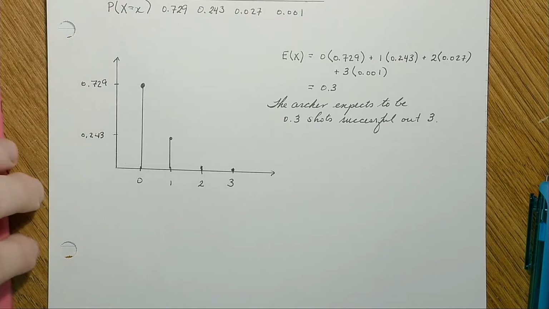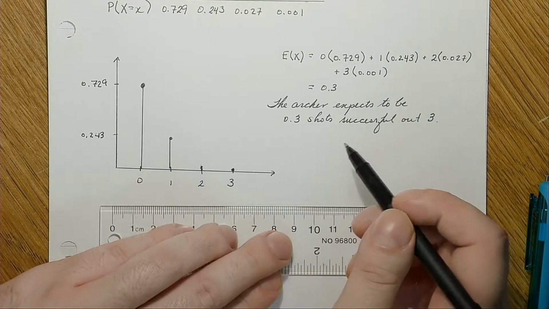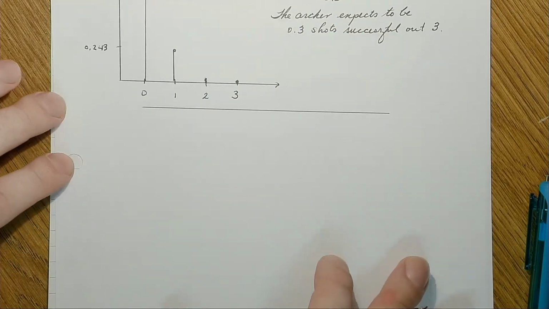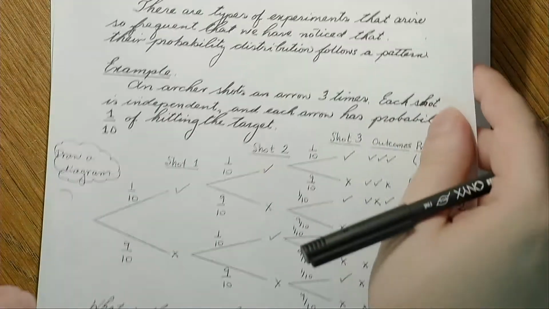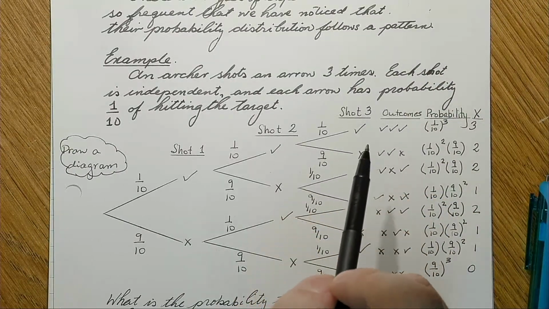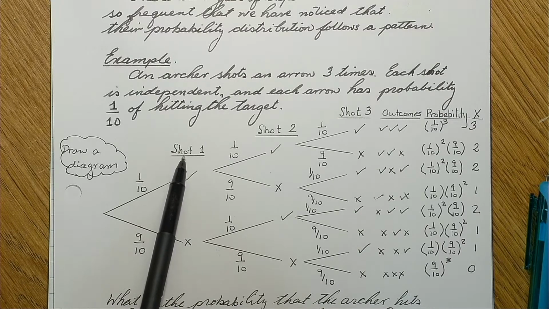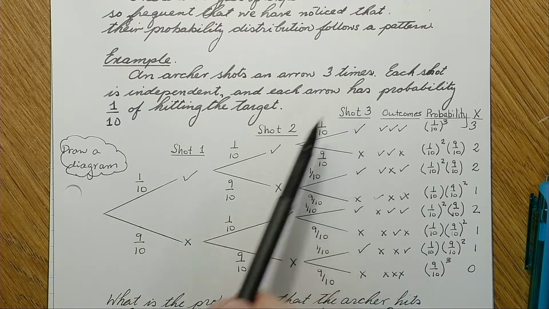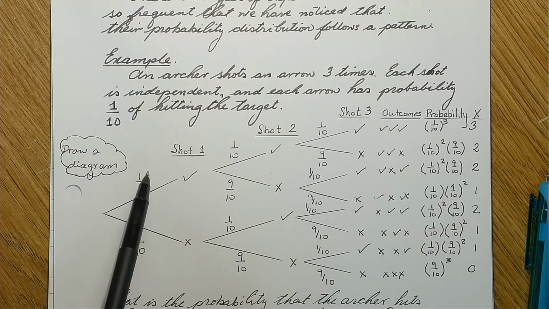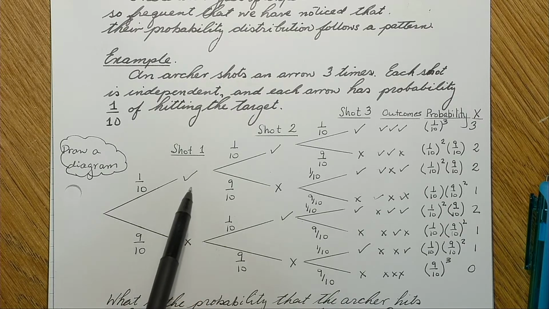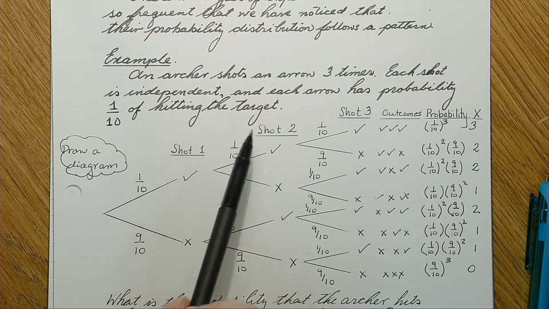Okay, so what's unique about this is that there were 3 conditions. Going back to this, we saw that the shots were independent. There was an outcome where there was a success and a failure, and these were basically the same thing that we did on each shot.